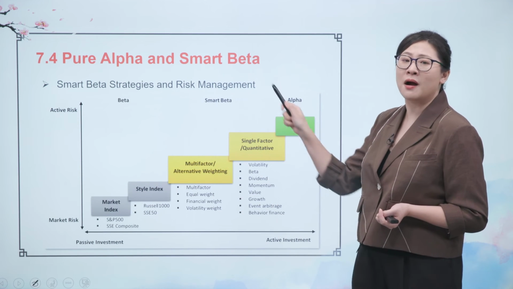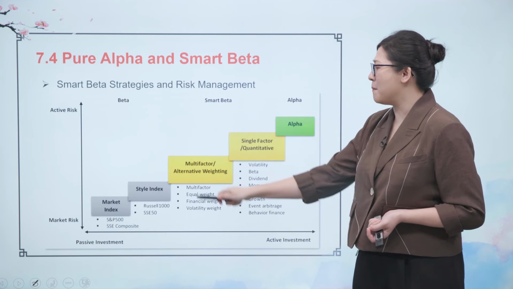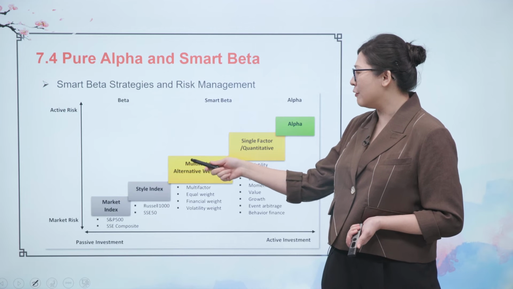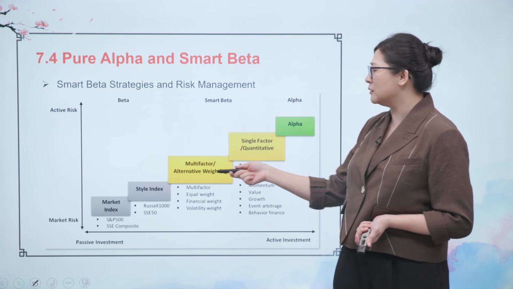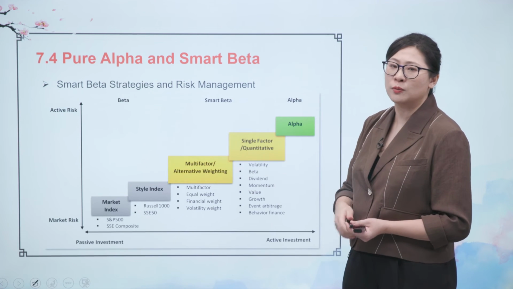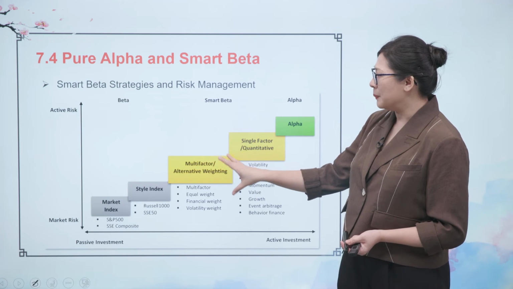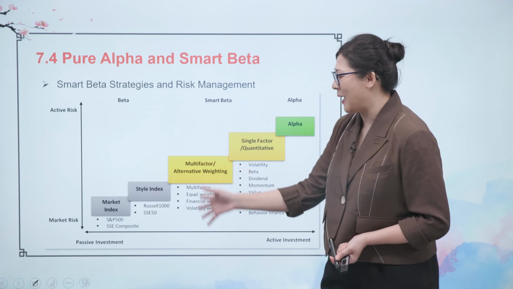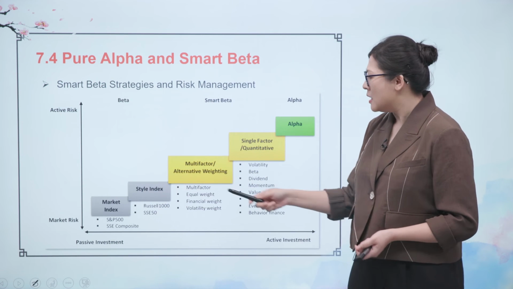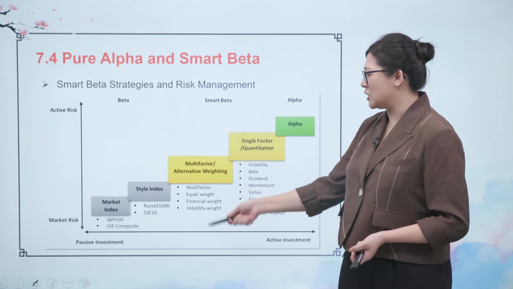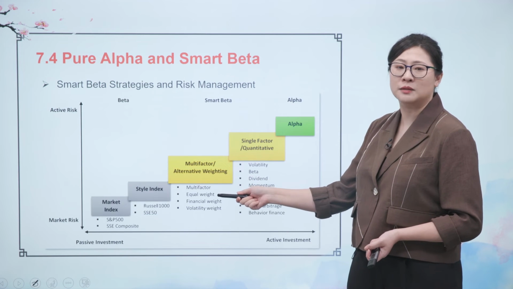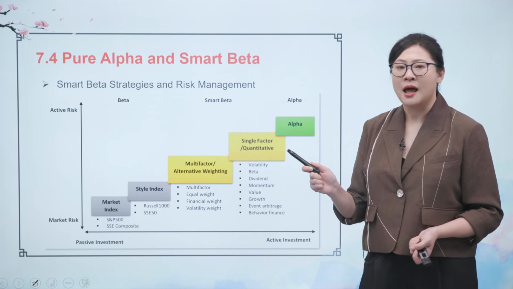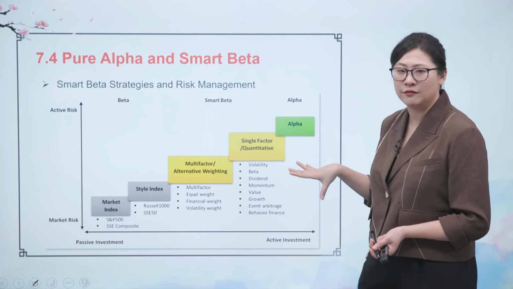Then we move to the middle, that's our smart beta strategy. For smart beta we have different categories. As I mentioned, we have the multi-factor strategy and the alternative weighting strategy. This group has much lower active risk and is more about the passive side, with different cases in this group. Then we have the single factor and quantitative methods, which are more about active investment.